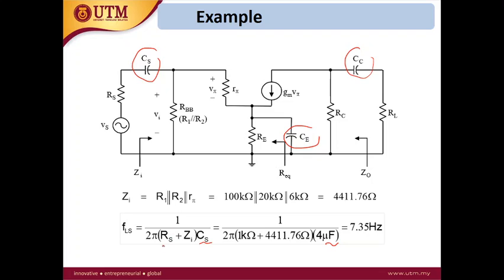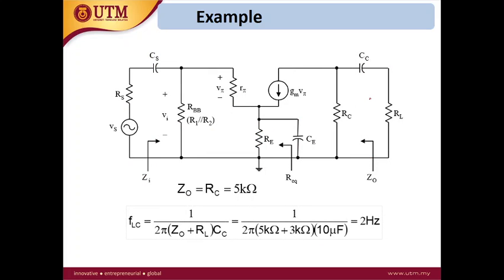The total resistance is RS plus Zi, where Zi is R1 parallel with R2 parallel with r pi. Since CE behaves as a short circuit, there is no RE. From this calculation, Zi is 4,411 ohm, and the calculated cutoff frequency due to CS is 4.35 Hz.